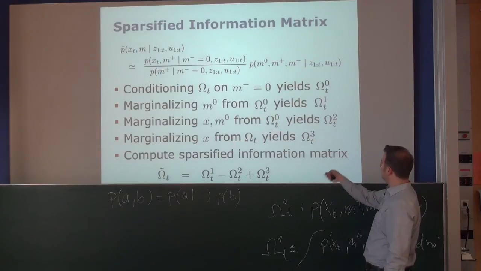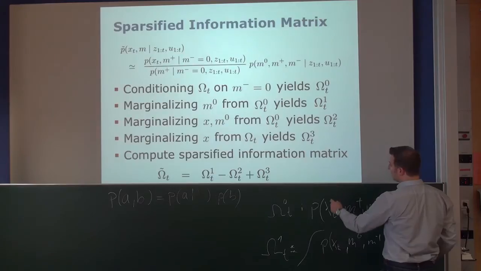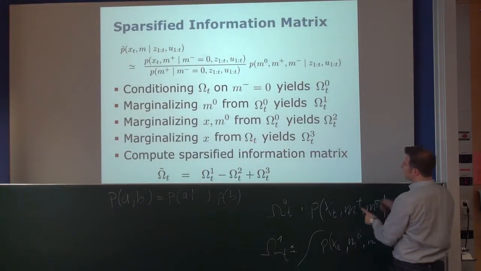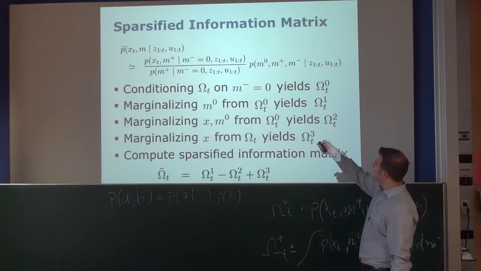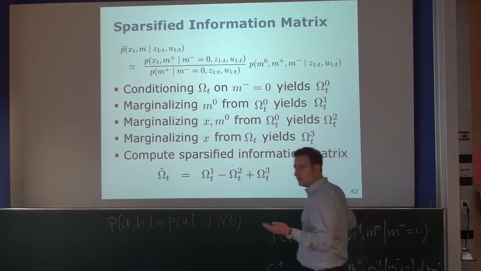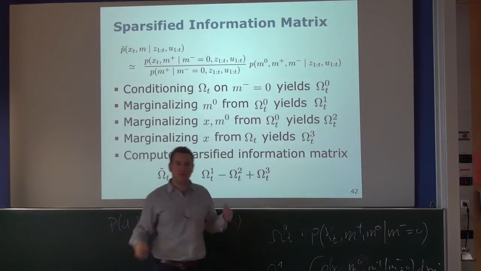This I do from the original information matrix, sorry, not from this term. I just marginalize out x, so the rest remains. And I can just apply the marginalization and conditioning rules for information matrices of the Gaussian that we discussed in the beginning.